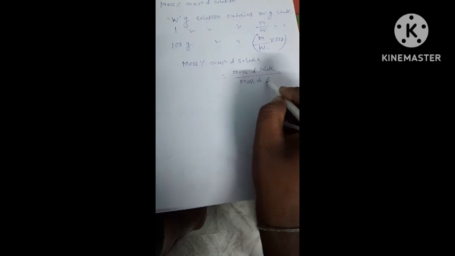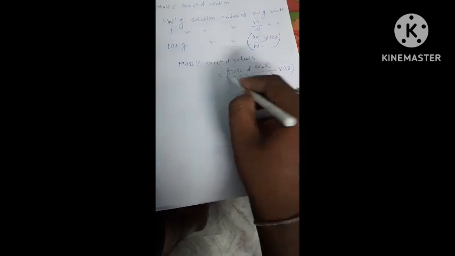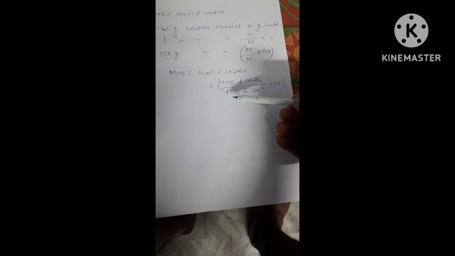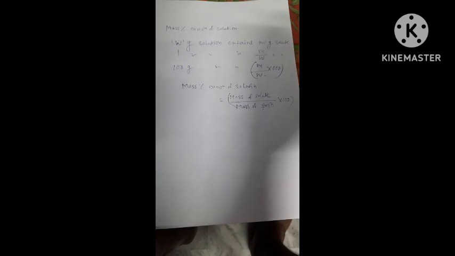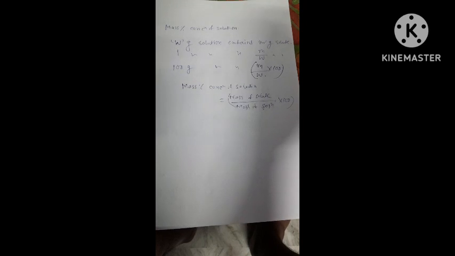Mass of solution means the mass of solute plus mass of solvent. Here you need to concentrate. I have seen many times instead of mass of solution, students have put the value of mass of solvent. Mass of solution means mass of solute and mass of solvent, total mass.